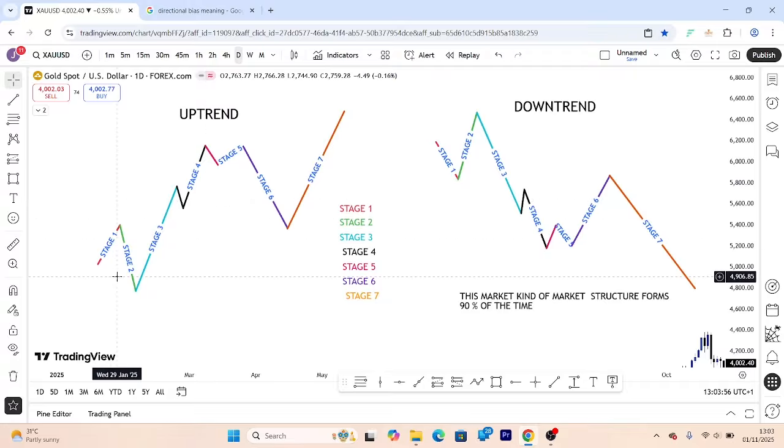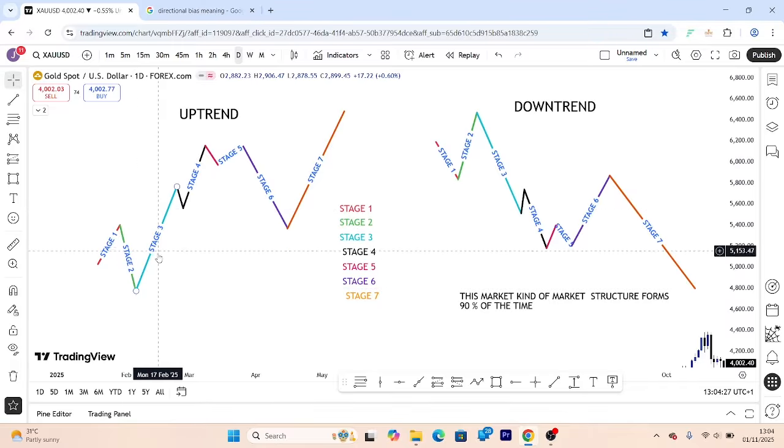For instance, if at the higher time frame I'm at stage one, based on what I said initially, we are going to be on the buy side. So according to this, we are going to be buying only. Then if we are at the stage two level, we are going to be selling. That is looking at this from the higher time frame.